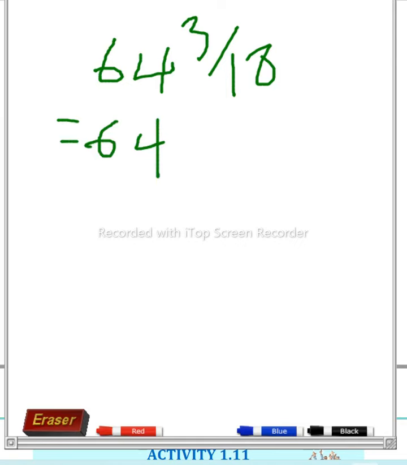We can simplify these exponents: 3 divided by 3 is 1, 18 divided by 3 is 6. So it is the same as question A. So the answer is 2.